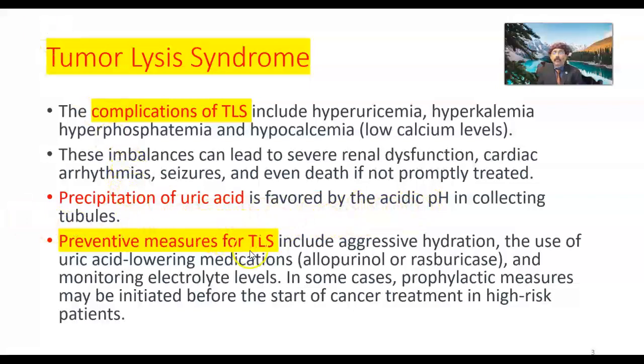Preventive measures for tumor lysis syndrome include aggressive hydration. No hydration, no chemotherapy. It should be given intravenously. The use of uric acid lowering medication, allopurinol or rasburicase. And also, when we push the chemotherapeutic agent, it should go slowly.